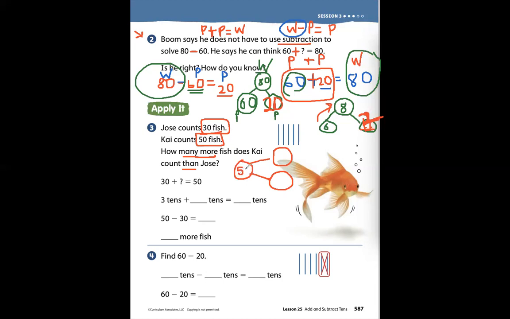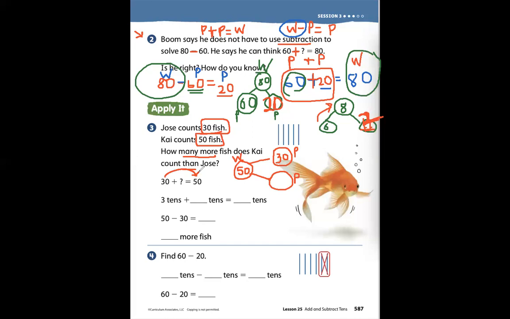So that one is going to be my whole. 30 is going to be the part that I know, and blank will be the part that I do not know. We can count on from the part you know up to the whole.